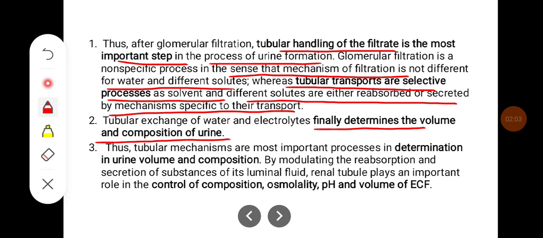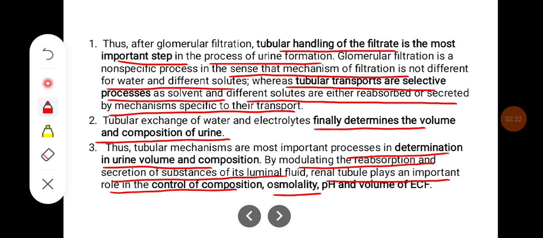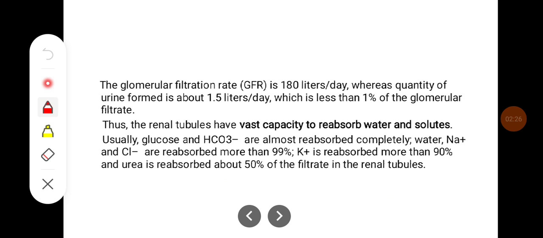Thus, tubular mechanisms are the most important processes in the determination of urine volume and composition. By modulating the reabsorption and secretion of substances of its luminal fluid, the renal tubule plays an important role in the control of composition, osmolality, pH, and volume of ECF.